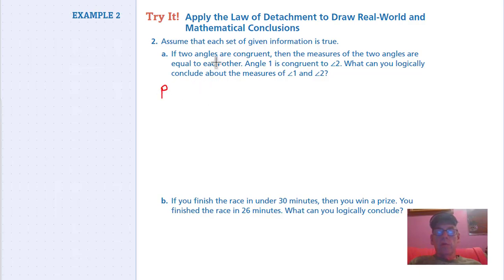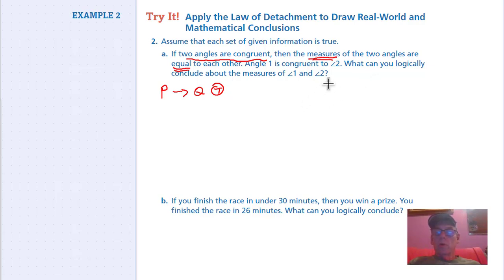P is two angles are congruent, and the conclusion is the measures are equal. And they tell us that this is a true statement.